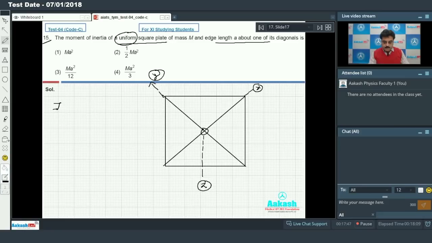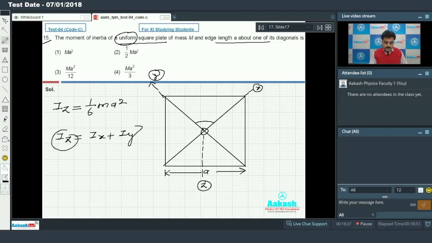And we know the moment of inertia about z, meaning about the center of mass, is 1 by 6 m a square, because the side of the square is a. So this is the basic formula, but I need to calculate the moment of inertia about its diagonal. Because the two diagonals are perpendicular to each other, I am going to take the perpendicular axis theorem, that is Iz equals Ix plus Iy.